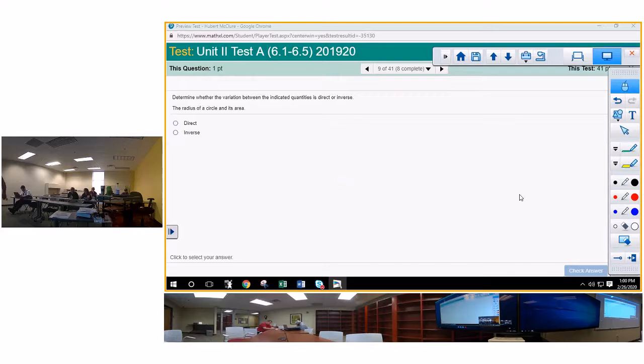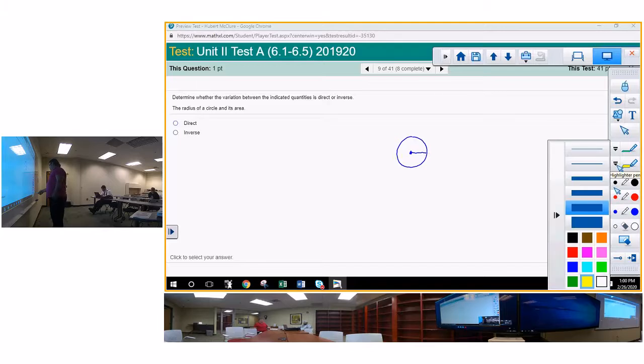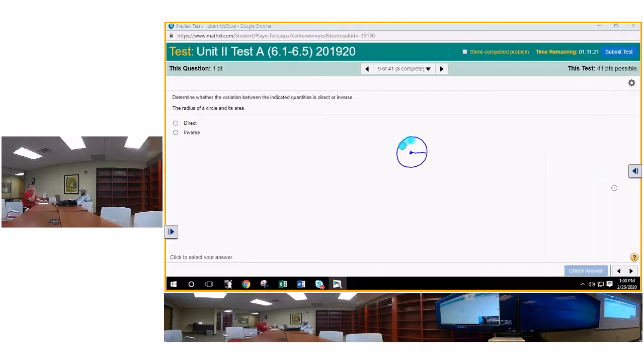Determine whether the variation between the indicated quantities is direct or inverse. The radius of a circle and its area. So let's draw this. Radius of a circle and its area, that'll be in blue. Okay, let's draw another circle.